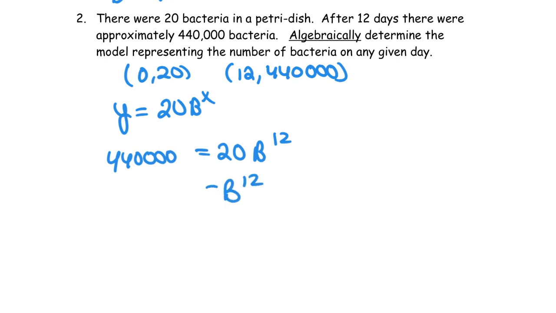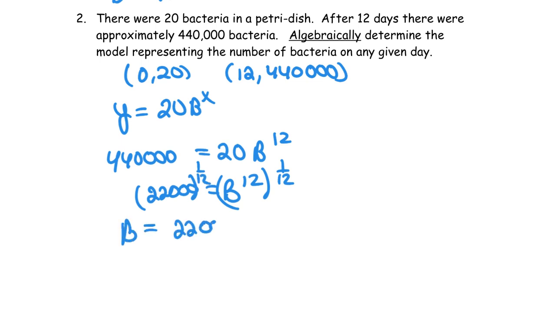Okay, so when we divide by 20, what do we get? Good. Now, I still need to get my b by itself. We're going to raise both sides to the 1/12. So I got b equals 22,000 to the 1/12.